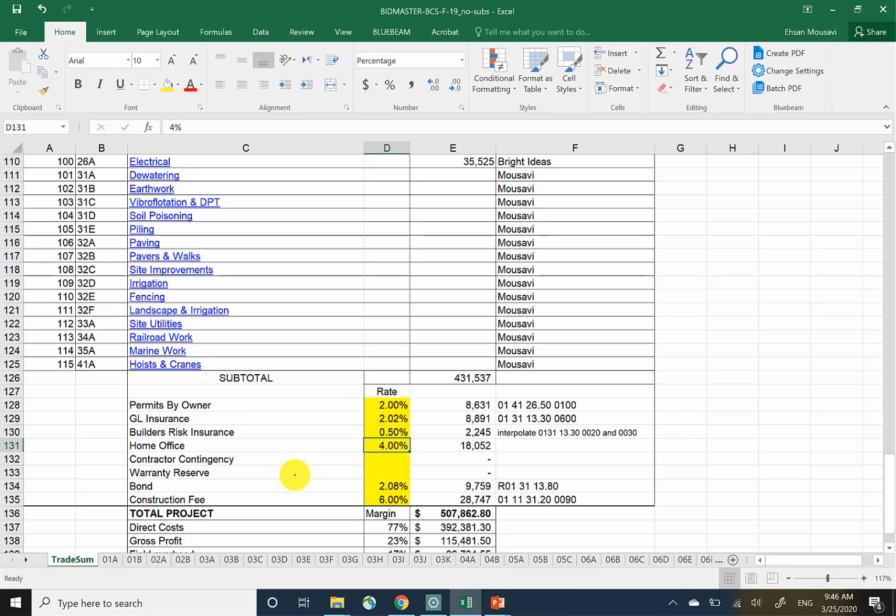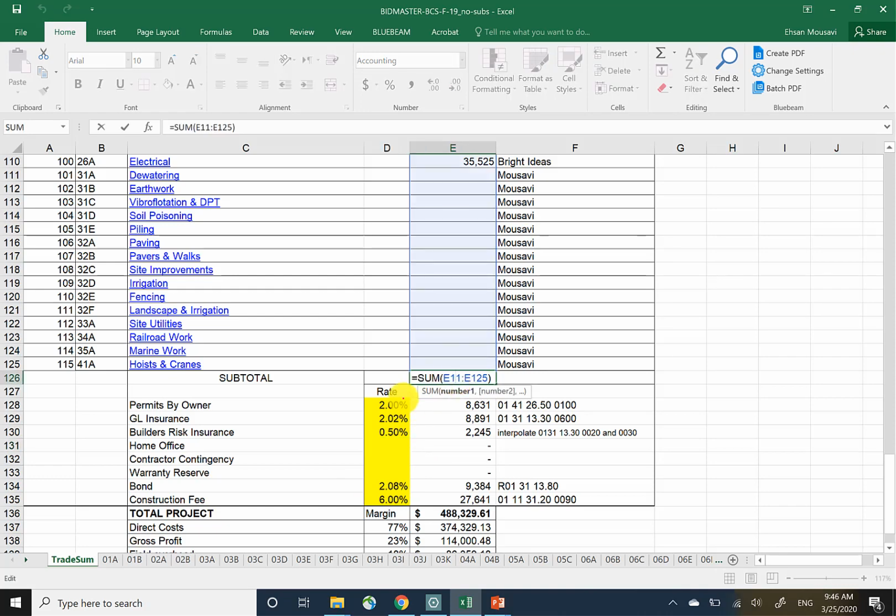And remember, your original Bidmaster file does not have a line here saying home office. I think I changed my escalation to home office, but you could change any one of these to what you need to. So for Billy C Store, we don't have a home office cost, but I'm going to leave it blank for now. Let's take a look at what we have.